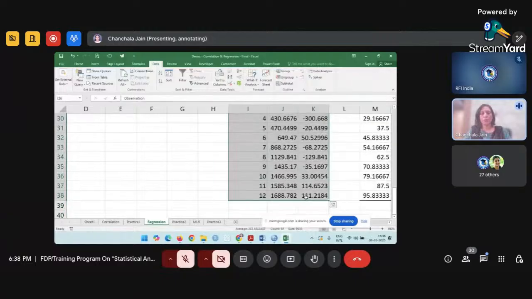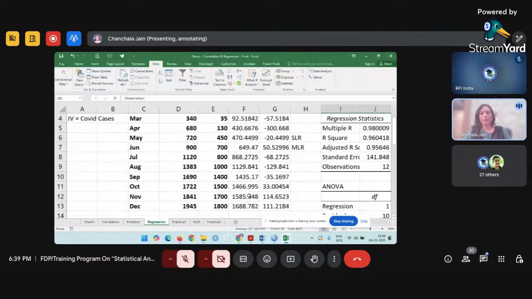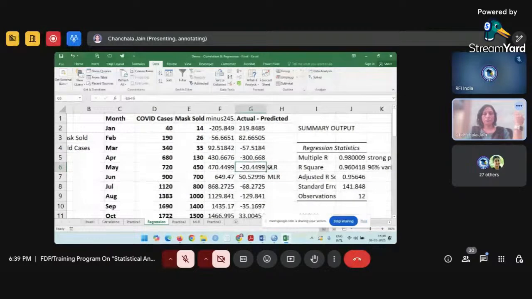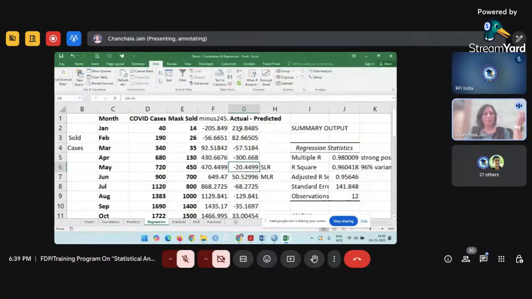You can cross check this. The same values we have calculated here, we are getting downwards also. Fine, everyone? I hope it is clear.